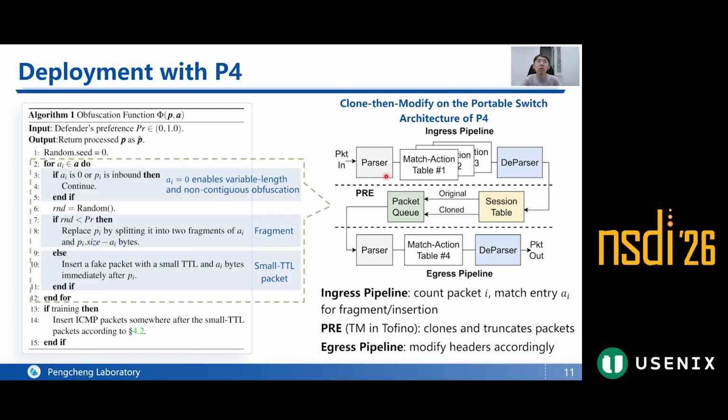In this primitive, the ingress pipeline is responsible for counting the packets and then matching the entry of the strategy for the obfuscation operation, and the PRE will clone the packets from 1 to 2, and then these 2 packets will go to the egress pipeline for the modification. Here we modify either the original or the cloned packet to be a legal fragment or a legal inserted fake packet.